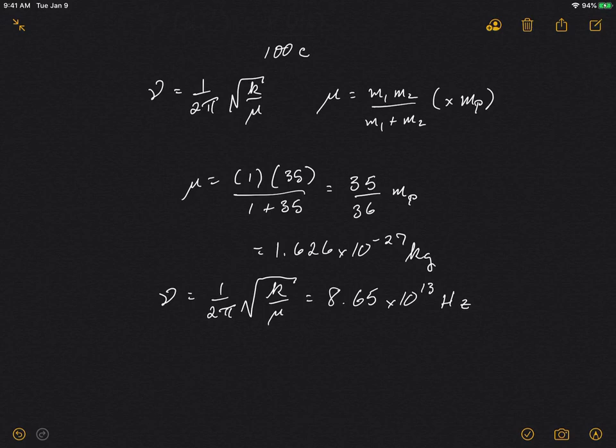This is billions of times higher frequency than that. So it's not something you could hear. It's something you can see with your eye, if you can see the photon that has this frequency.